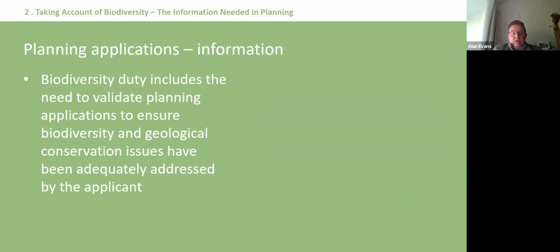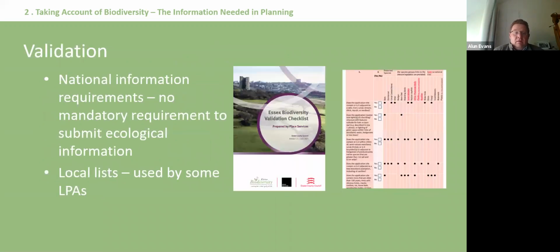The biodiversity duties that planning authorities have start very much at validation, and the need to validate the application and ensure that the biodiversity and geological issues have been addressed by the applicant. This does vary throughout devolved administrations and local planning authorities. There's no mandatory requirement to submit ecological information, but in some planning authorities there are local lists.